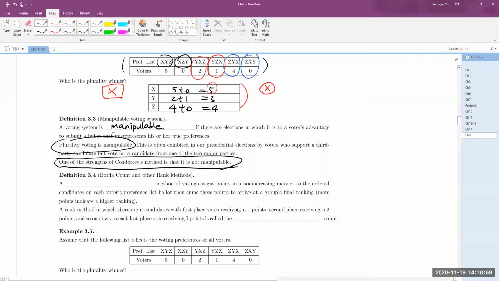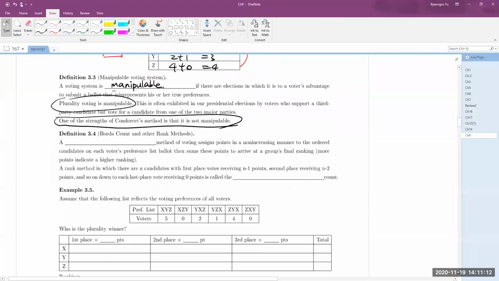So in the Condorcet method, your best strategy is to just be honest. Otherwise, you cannot get what you want. That's why sometimes the Condorcet method is much better than the plurality method, even if it is a little more complicated.